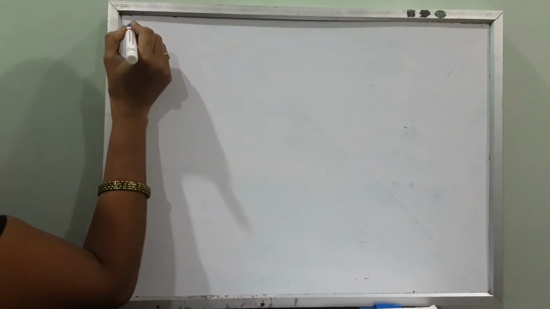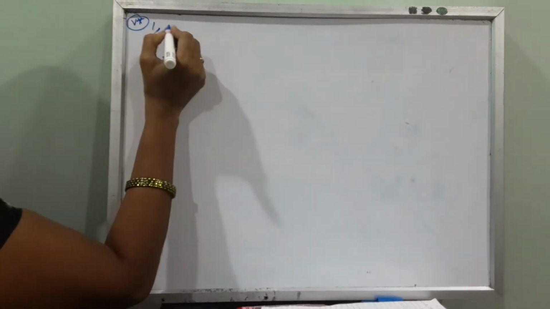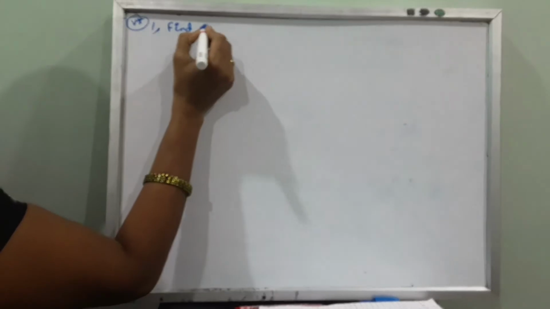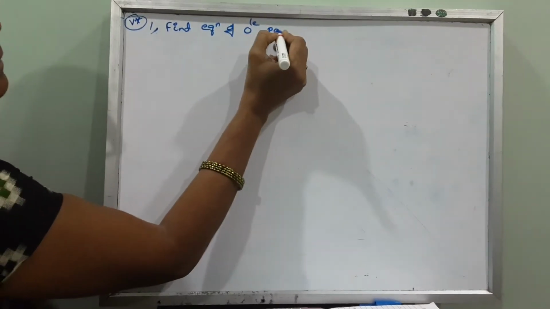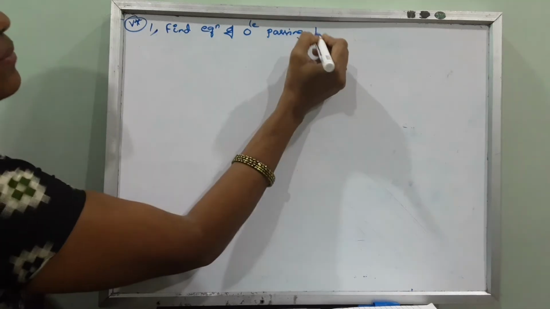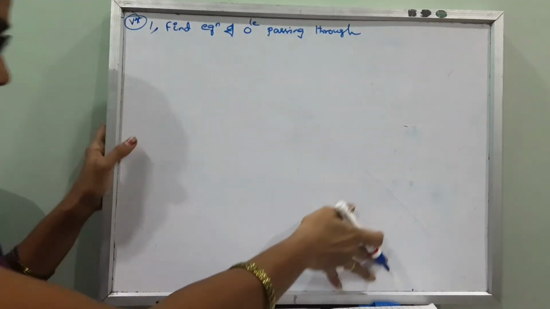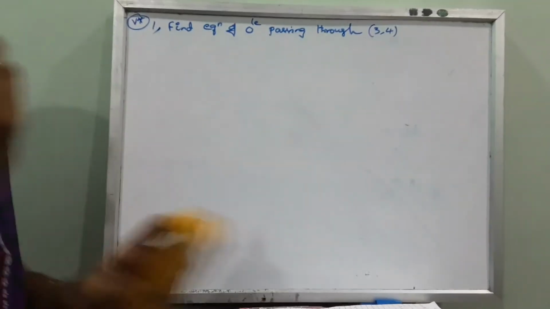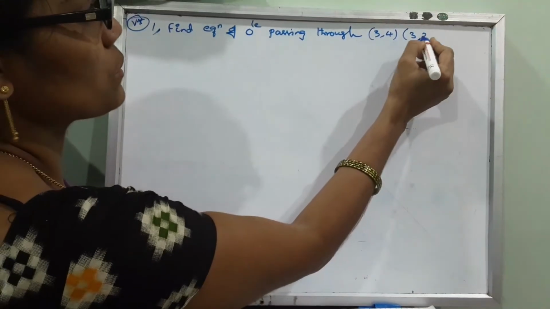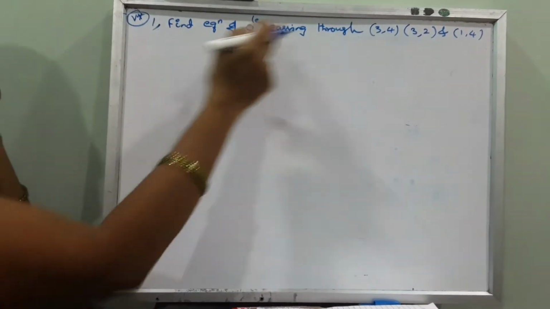For example, find the equation of a circle passing through 3 points: (3, 4), (3, 2) and (1, 4). The question will be like this. This is very important for 7 marks.